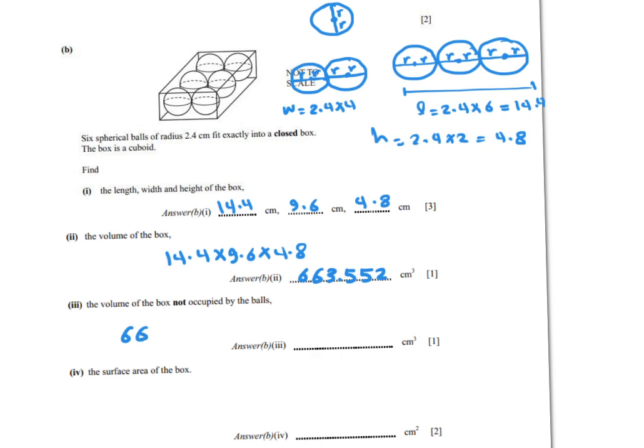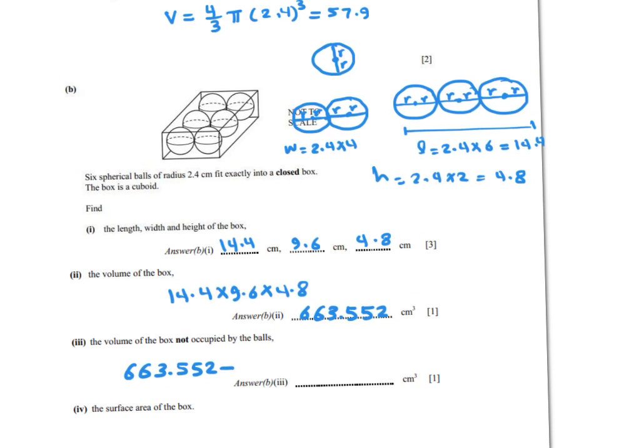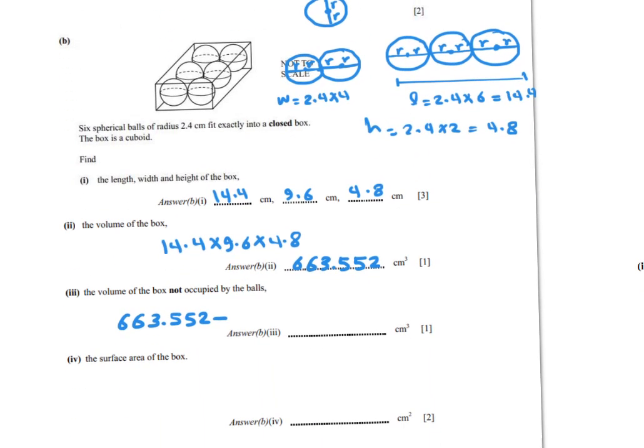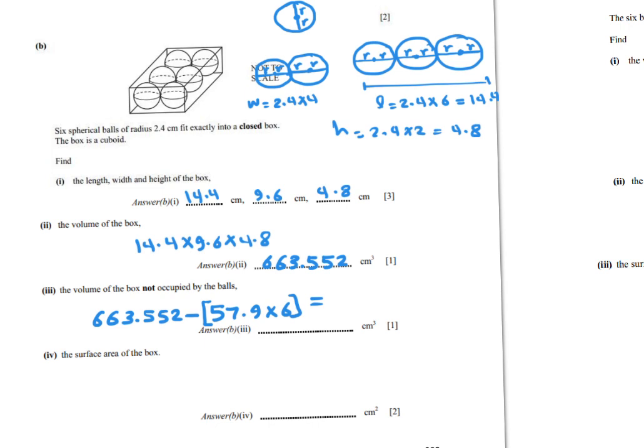So 663.552 minus the volume of one ball, 57.9, multiplied by 6 because we have 6 balls. The answer is 316.152.